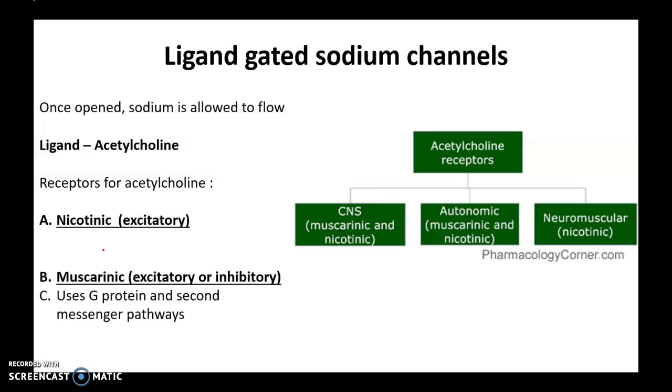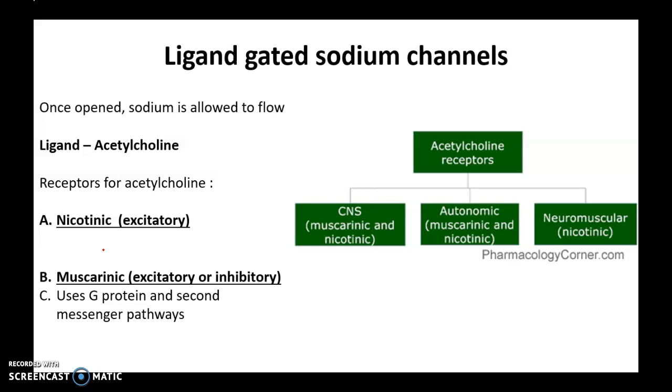There are two types of cholinergic receptors. We have nicotinic, which is always excitatory, meaning it excites the downstream neuron or muscle, or it can be muscarinic, which can be either excitatory or inhibitory. We also mentioned that muscarinic receptors use G protein and second messenger pathways. You must remember this.